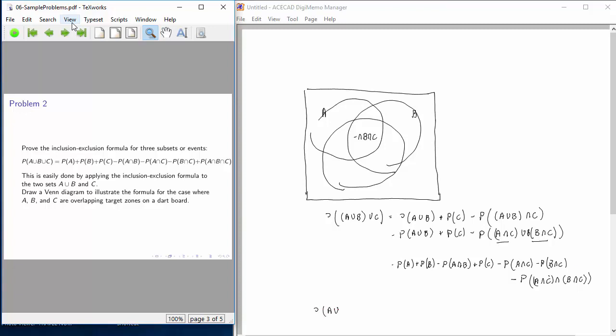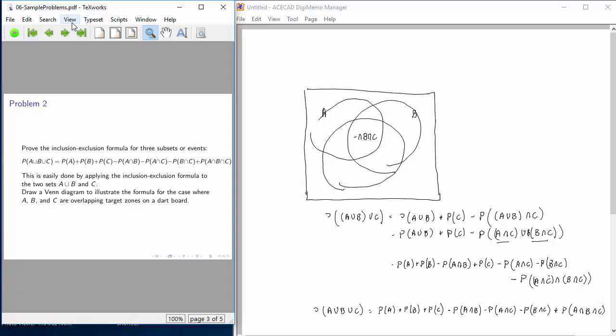The probability of the triple union of A, B, and C is the sum of the probabilities for the three events separately minus the probability of all the intersections of pairs of events plus the probability of the intersection of the three events.